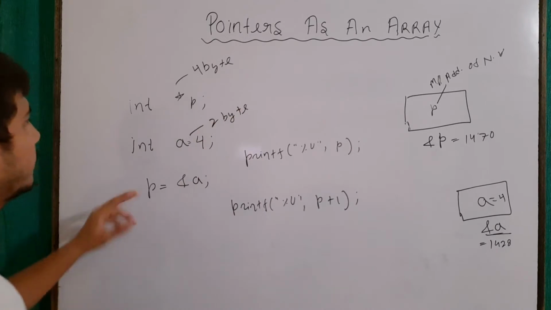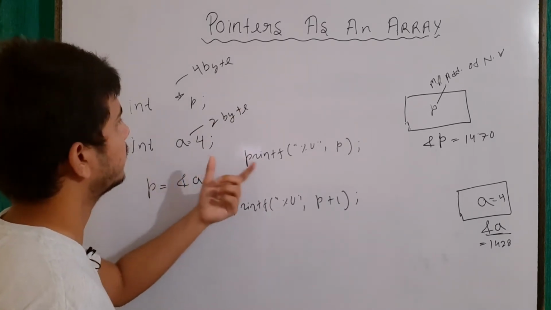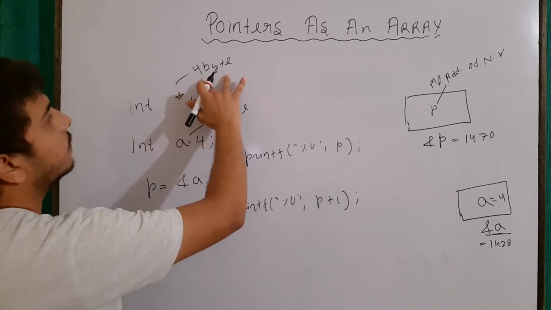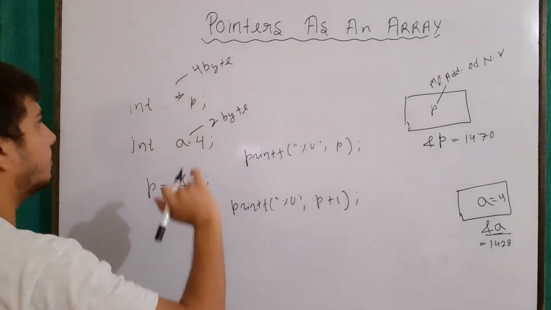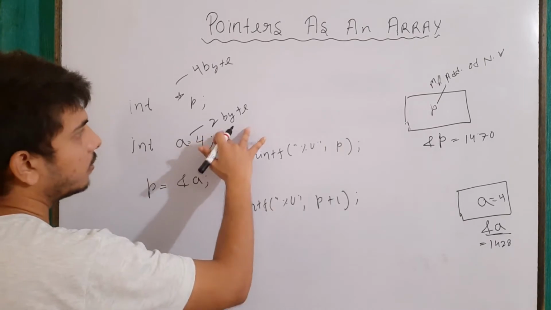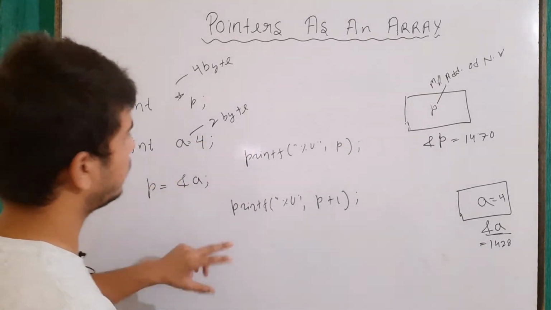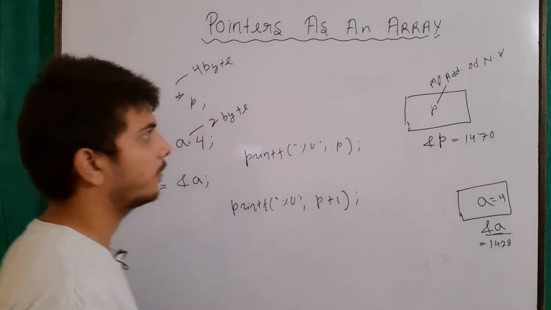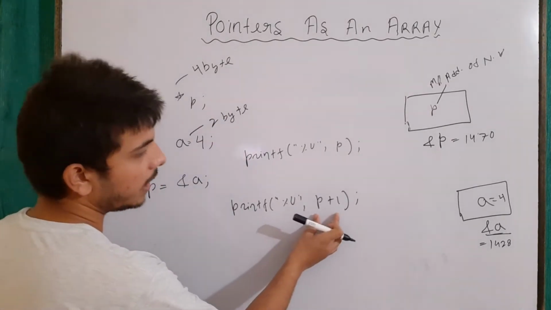It may vary in other compilers, systems or processors. The size of a pointer variable could be 8 bytes and the size of a normal variable could be 4 bytes. But for this video I am considering that this is 2 bytes and this is 4 bytes. Now what will be the output of this?